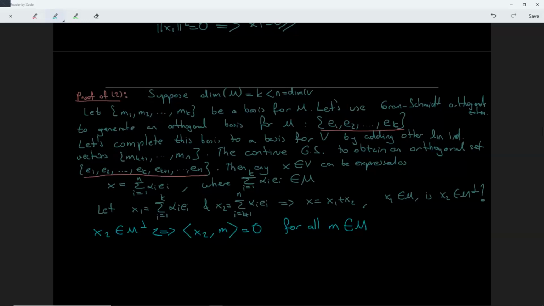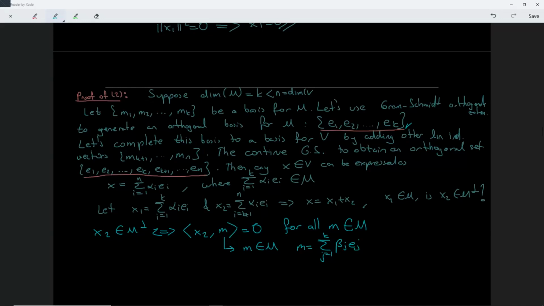And notice that if m is in the subspace M, then m can be written as a linear combination of these vectors, right? So let me write it over here. Notice that m is in that capital M, and these are the basis for our subspace M. Then I can write m as the summation j from 1 to k of beta_j e_j, right?